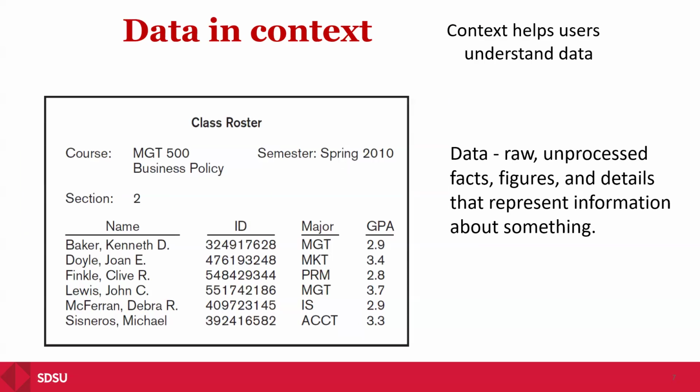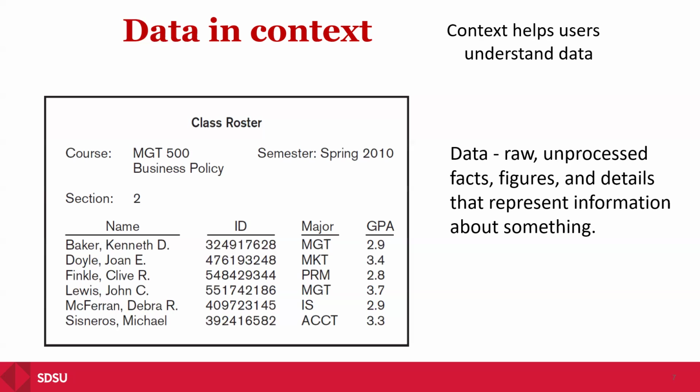So what is it? It's just a list of students for a specific major, for a specific class, for a certain time frame, in this case, semester. Do we know if, for example, student Baker's GPA improved or went down? We don't know.